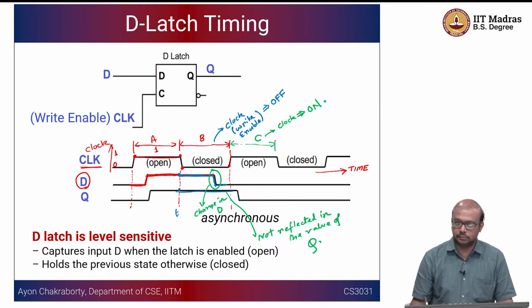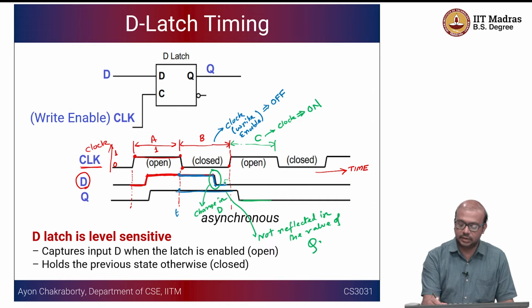If the clock is on, because the value of D is now 0, this will update the value of Q here. So this value of D is now 0, this is set to 0, this was 1. For this particular period, Q updated to 0.